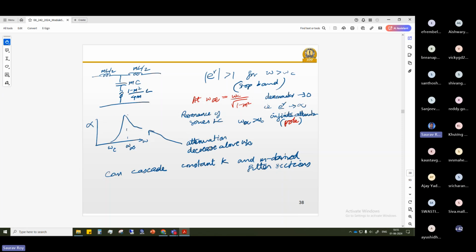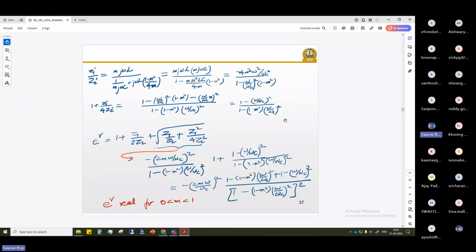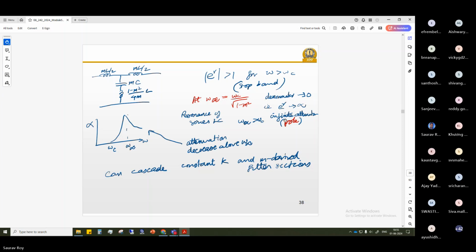That's why the constant K section will also be required, because the constant K attenuation at high frequency is very high. So together with the M derived, it will give good attenuation at very high frequencies. That is required for a low pass filter also.